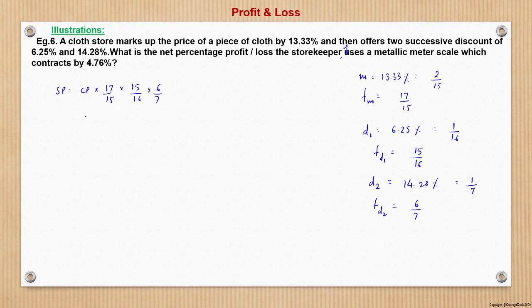So we can say profit factor is nothing but 17 by 15 into 15 by 16 into 6 by 7. 15 gets cancelled. This 8 gets cancelled. So this becomes 51 upon 56. Sorry, I have missed out one more factor here.